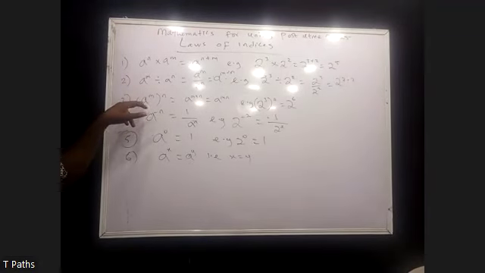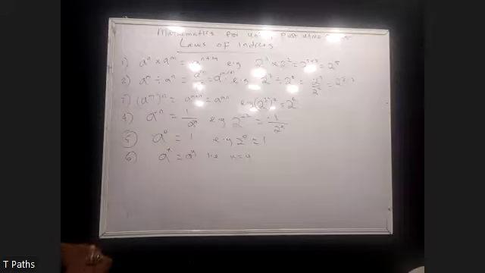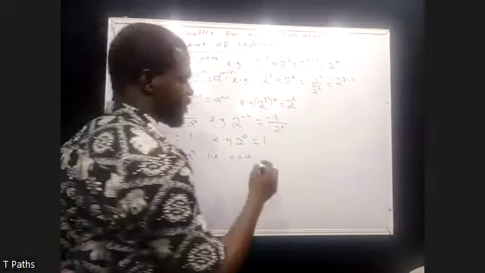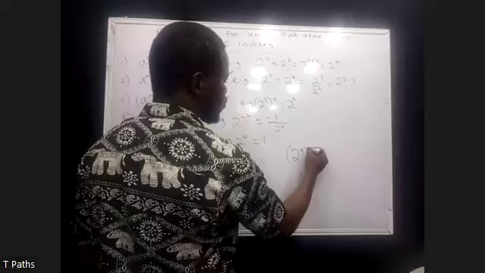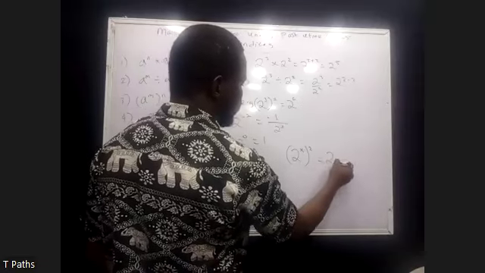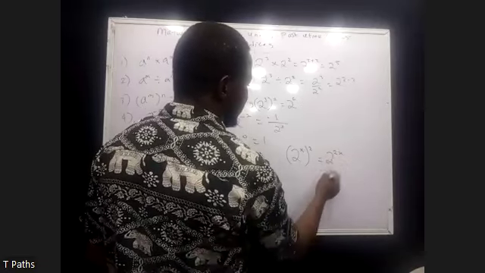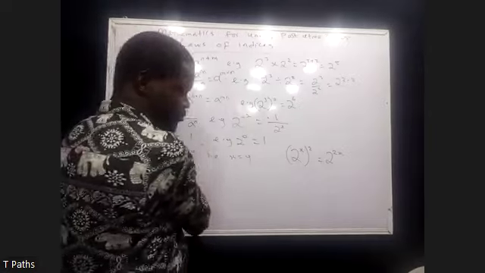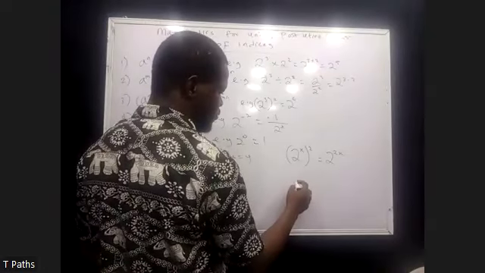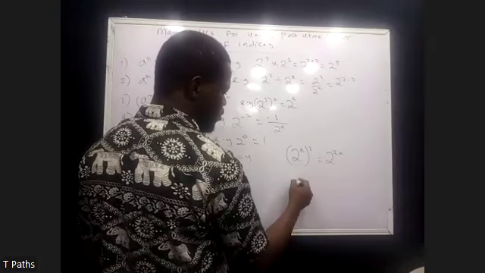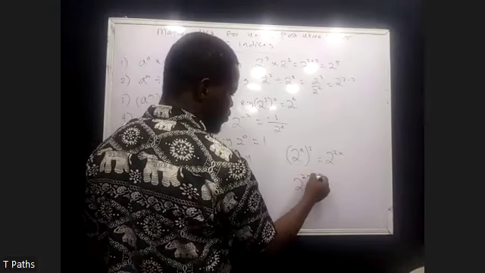There are some expressions that are different. For example, 2 raised to power x, all raised to power 2, is 2 raised to power 2x. It is different from 2 raised to power 2x plus 2.